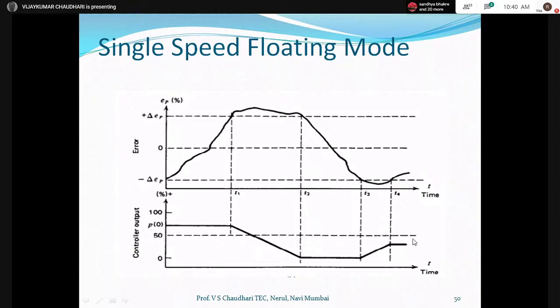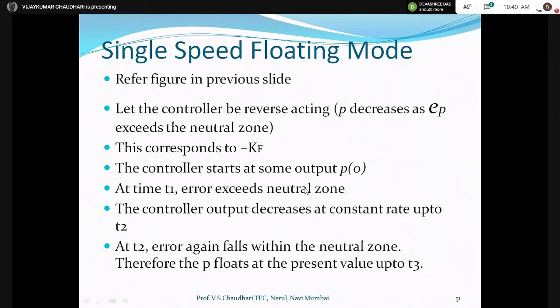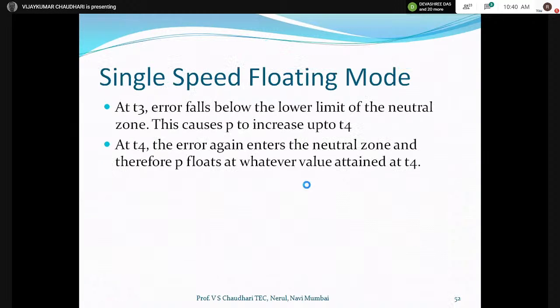Again, if it drops below minus E2, the rate will be higher, the slope will be something more like this. Drop lower, the slope will be higher like this one. So that's the meaning. We can have multiple speed floating control.